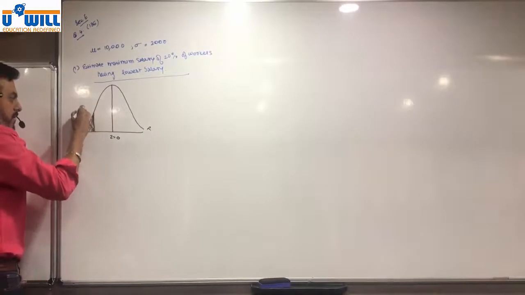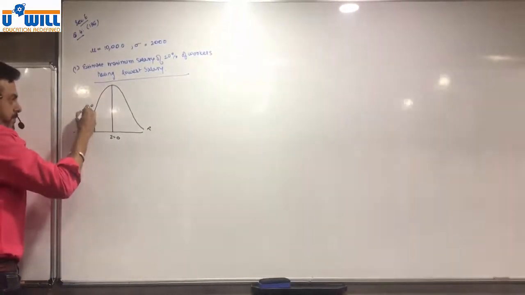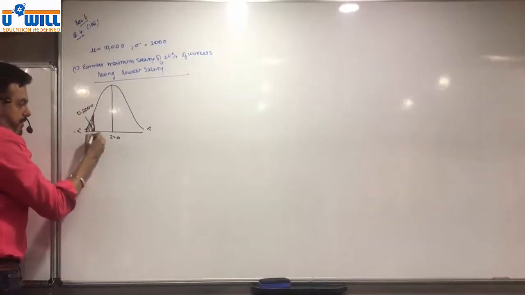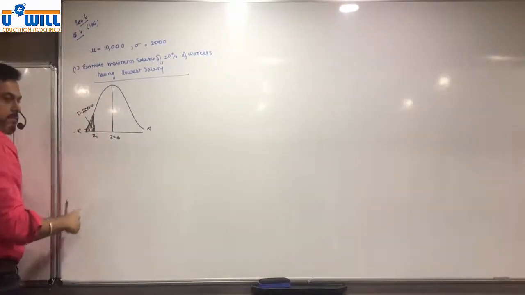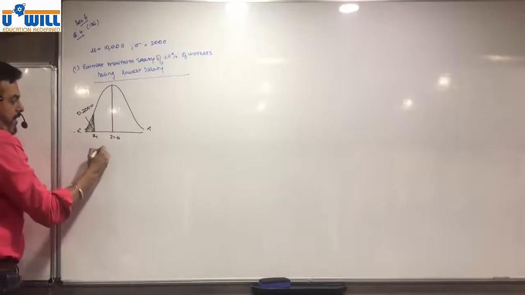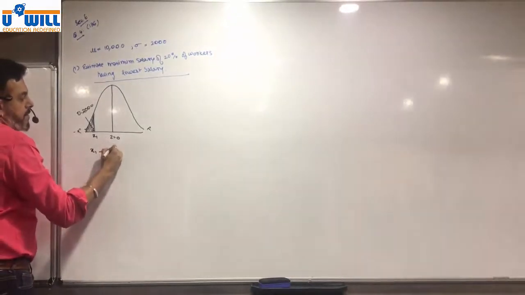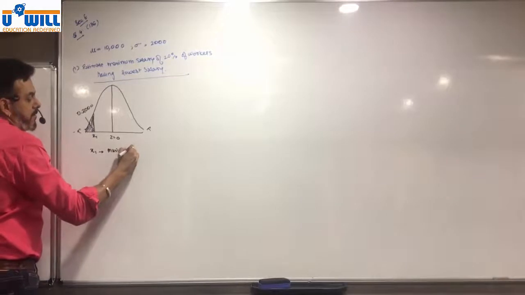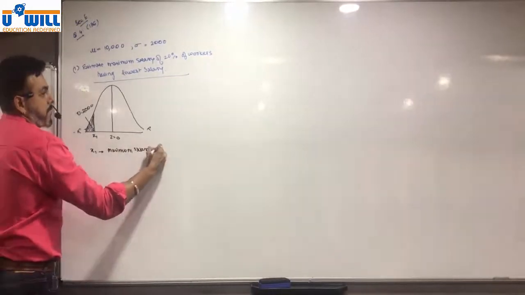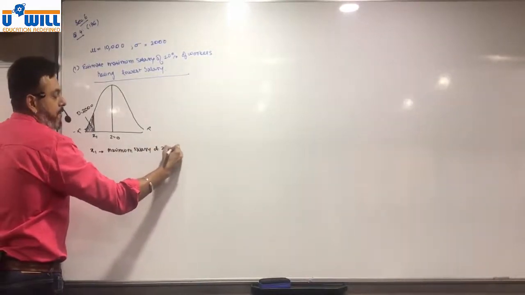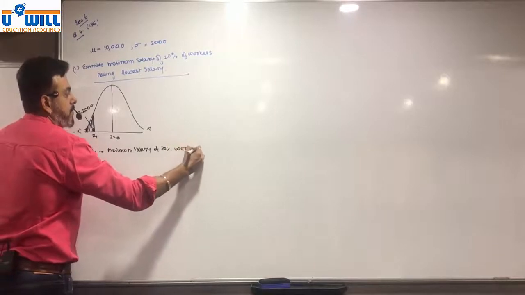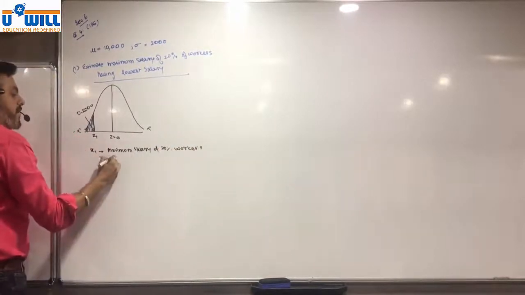So this area is 20%, so 0.2000, and this is Z1. So I write over here X1 is the maximum salary of 20% workers having lowest salary.